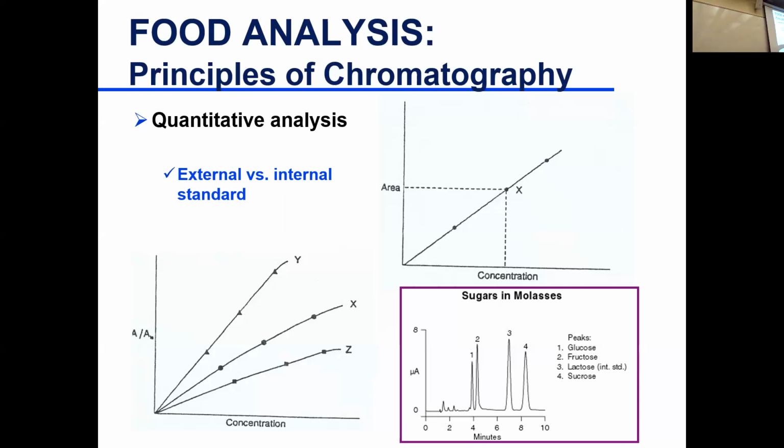So you got the area and you prepared different concentrations, and then you plotted the concentration against the area, and you got a standard curve with the equation of the line, which you will use to predict the concentration of caffeine in different samples. Okay, this is very simple. External standard, and then you get your concentration.